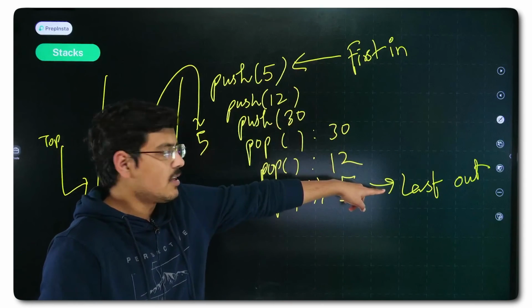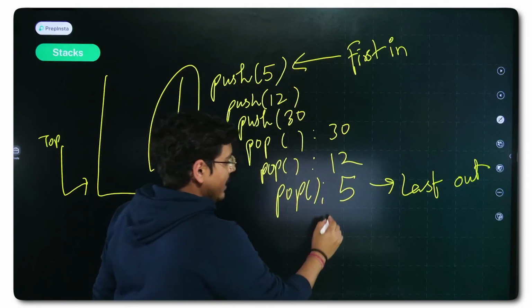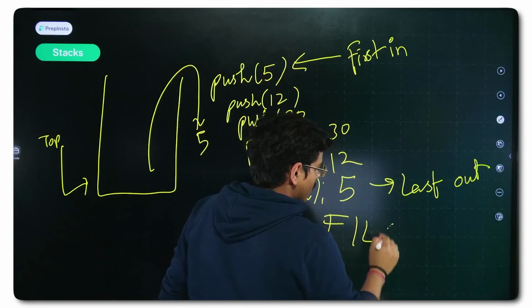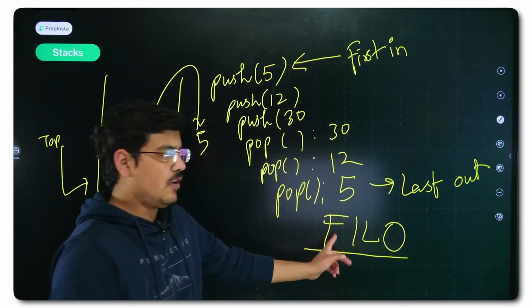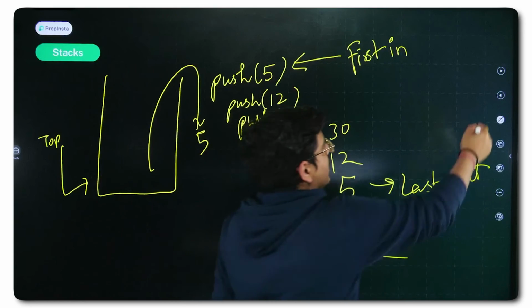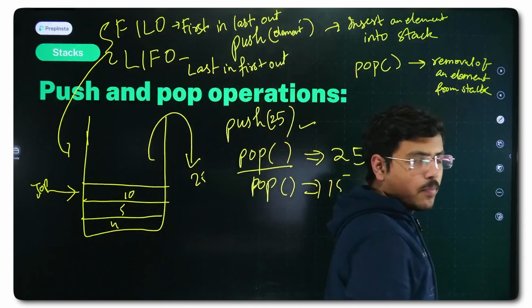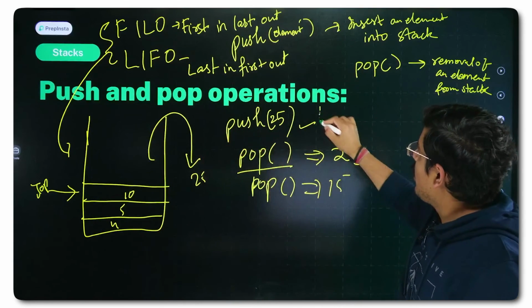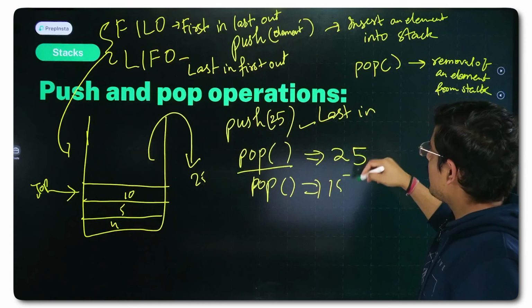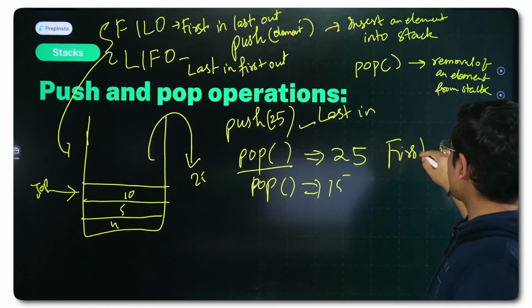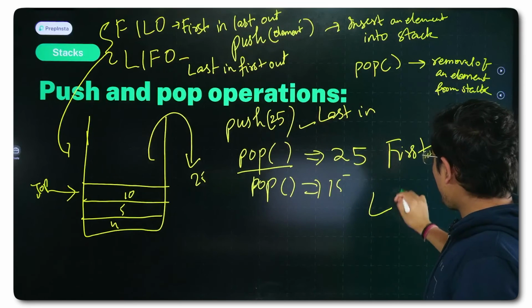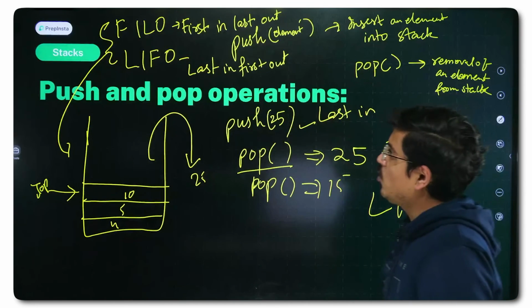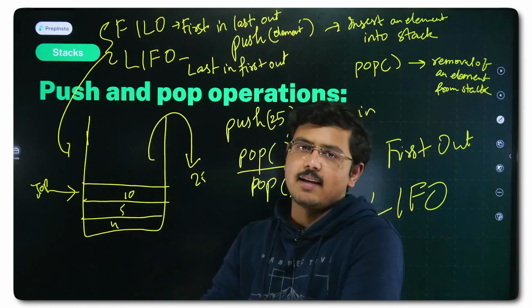First in, last out. That is why stack also works on the principle of FILO. Here 25 was last in and first out, so LIFO as well. So LIFO and FILO both work on stacks, fine.